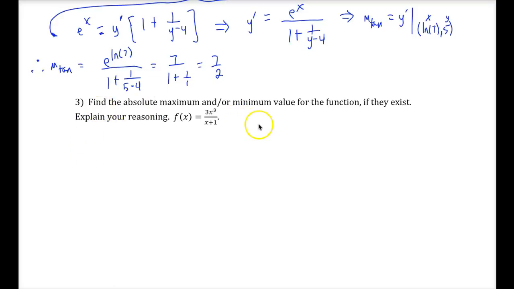Now, let's just look at what the oblique asymptote would be. And so to find that, we would take 3x cubed and divide it by x plus 1.